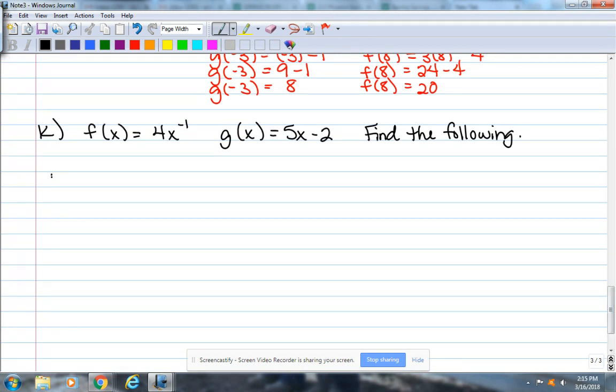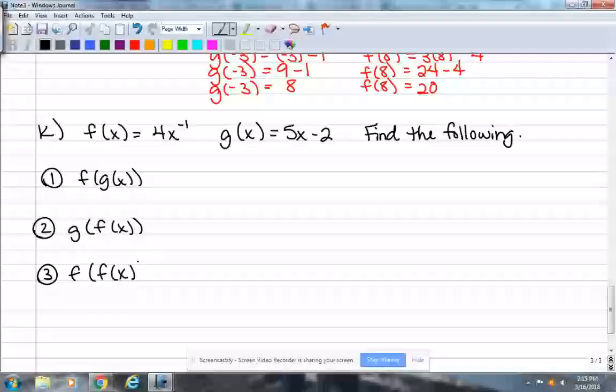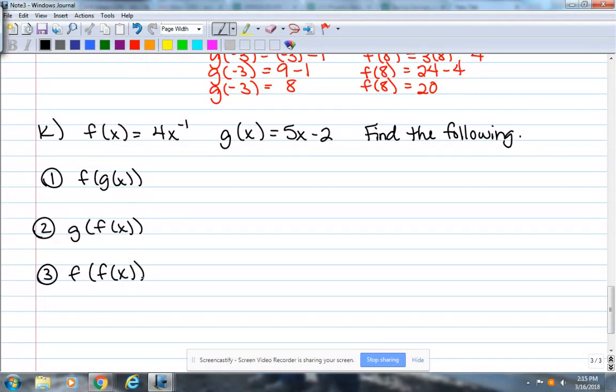First thing it wants us to find is f of g of x. Then it wants us to find g of f of x. And then it wants us to find f of f of x. That's hard to say. Lots of f's in there. Makes you sound like you're stuttering.